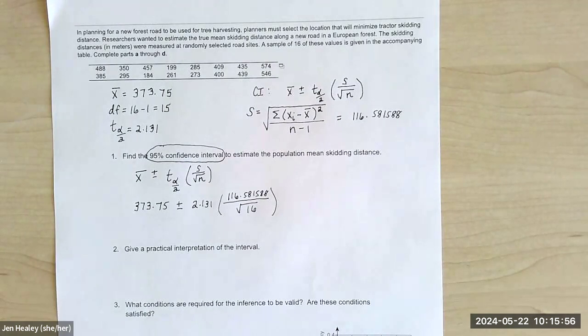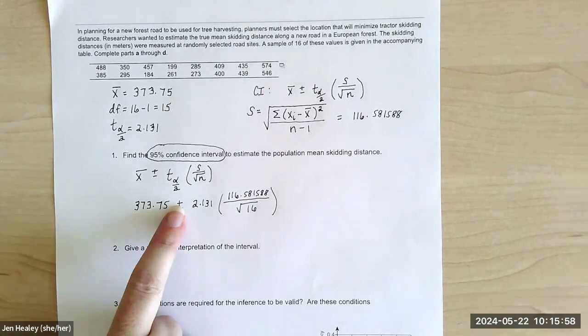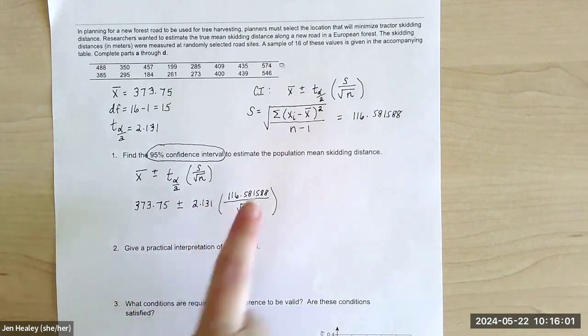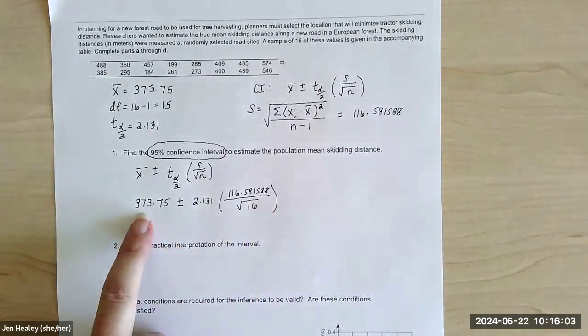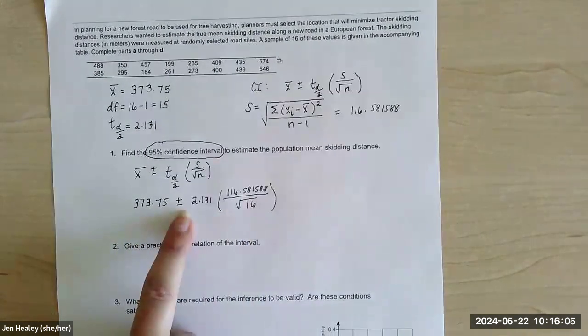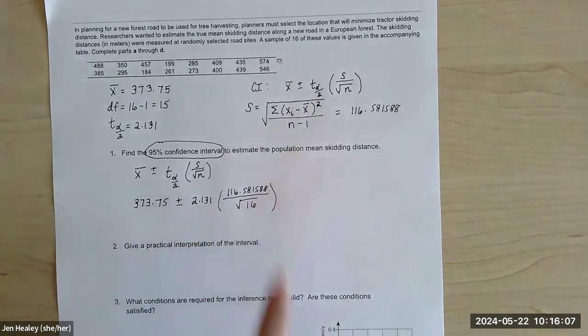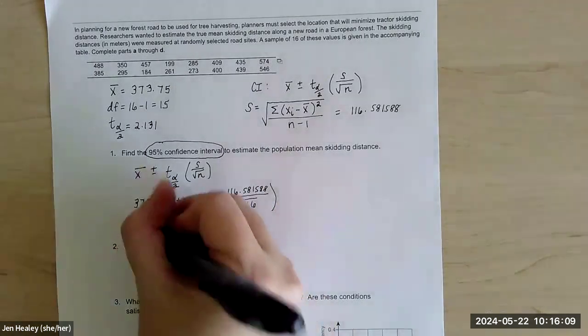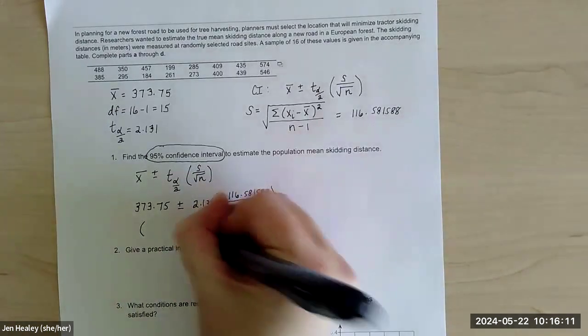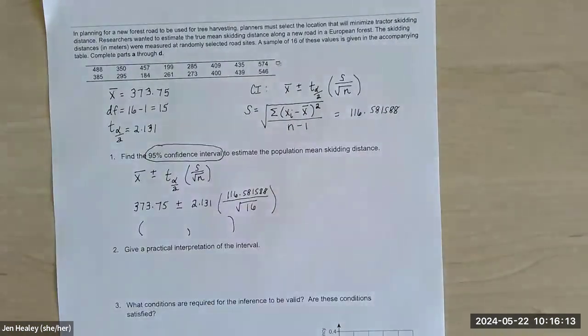And so one of the times we're going to do 373.75 plus 2.131 times this. And one of the times you're going to do 373.75 minus the 2.131 times that thing. That's how you get your confidence interval. So your confidence interval is going to be two numbers separated by a comma.